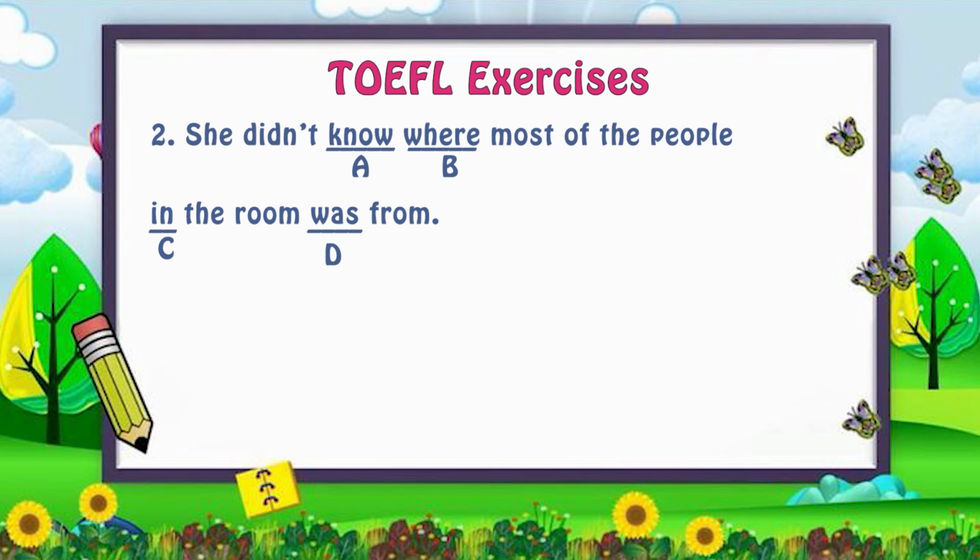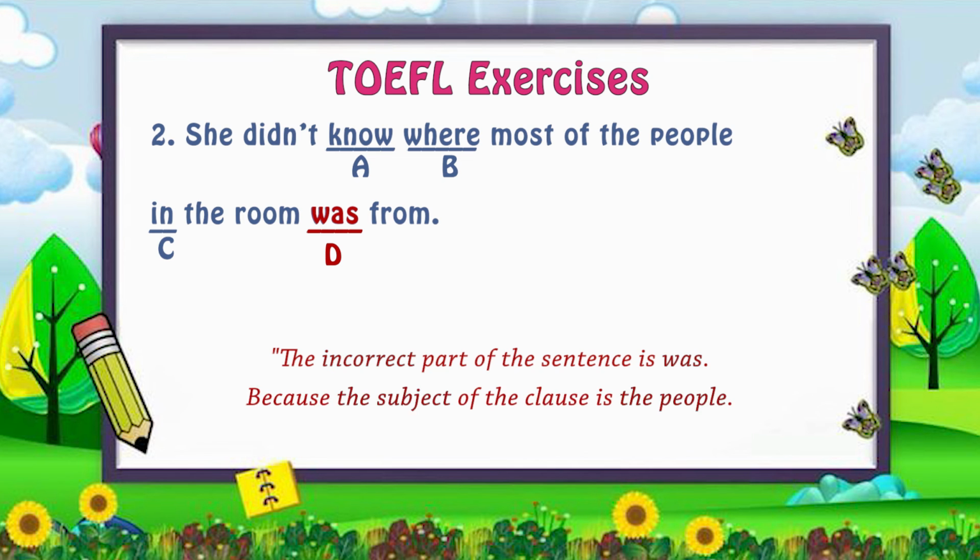So where is correct, and in the room is also correct. The incorrect part of the sentence is was. Why? Because what is the subject? She didn't know where most of the people. The subject of the clause is the people, so it must be where from.